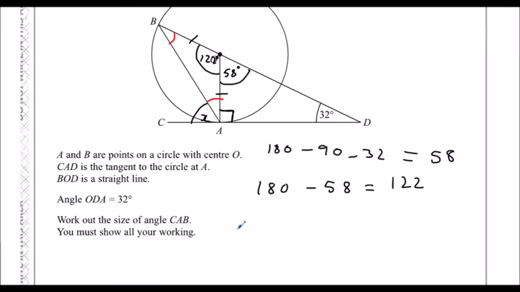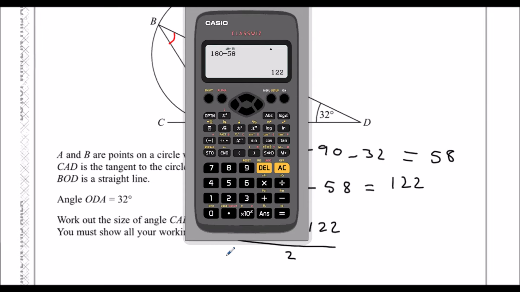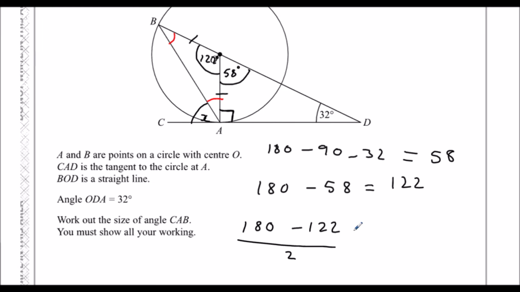So if we do 180, take away 122, that will give us what these two angles add up to. And then half it will tell us what each of the angles are. So half of 58 is 29. So then this angle here and this angle here are 29 degrees.